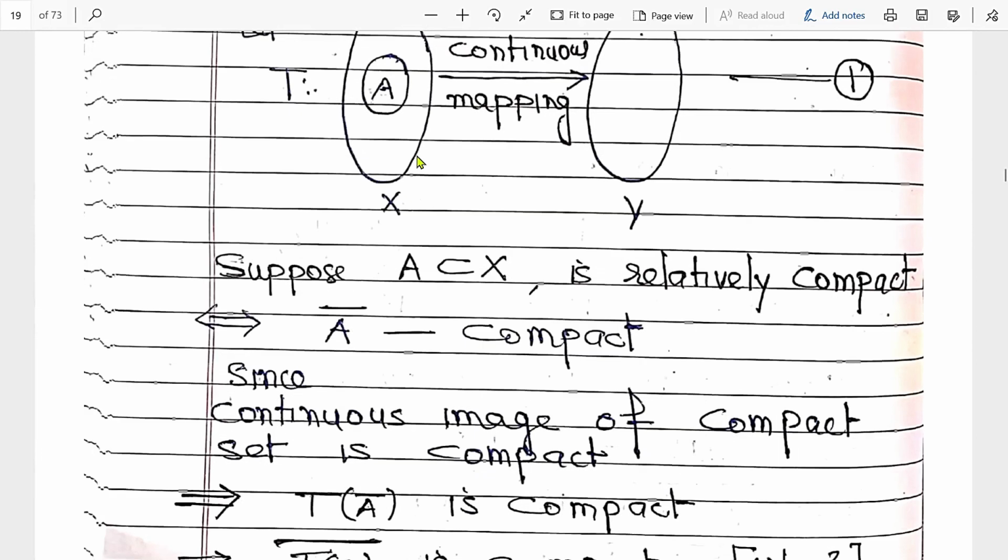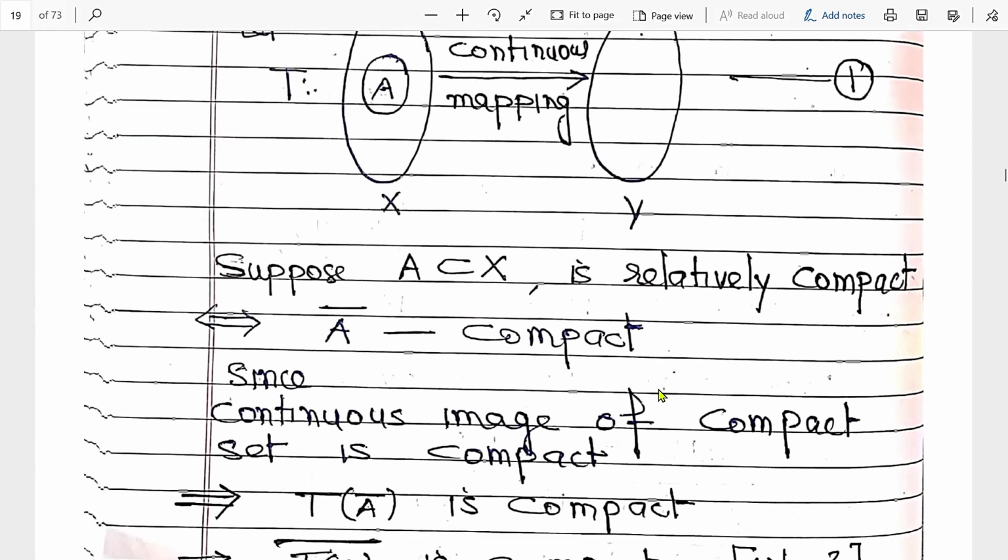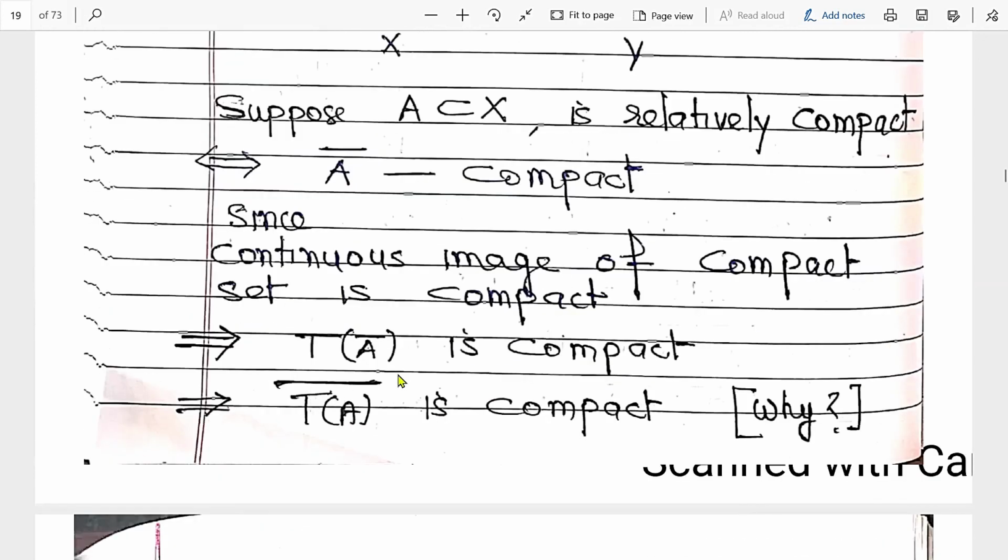Now, if A is relatively compact, then its closure is compact. Clear? And in the basic topology of Walter Rudin, in the first semester, we read that the continuous image of a compact set is compact. Now, A closure is compact, and T is continuous, so its image T of A closure is compact, right?